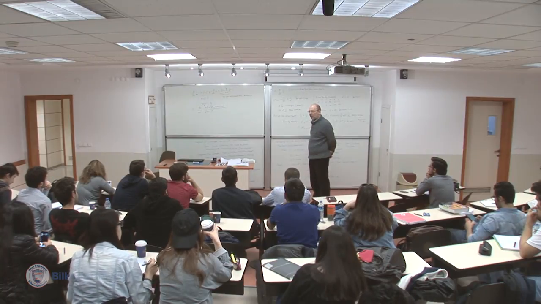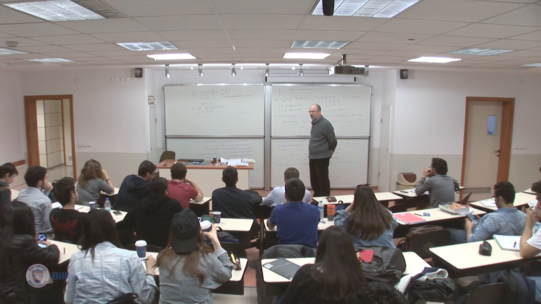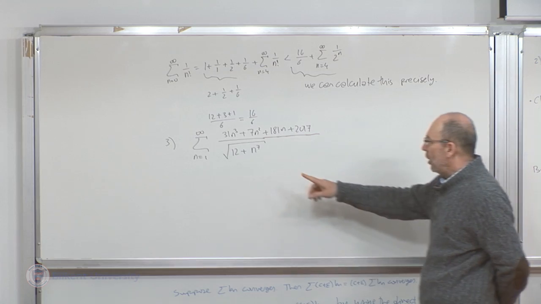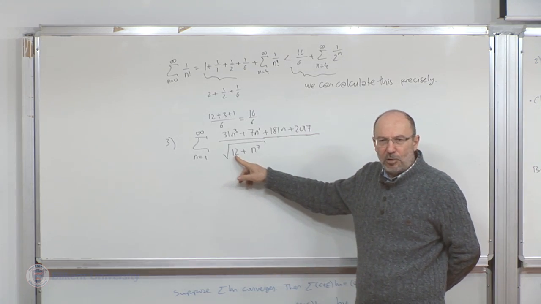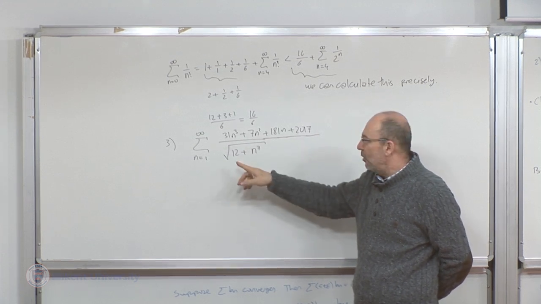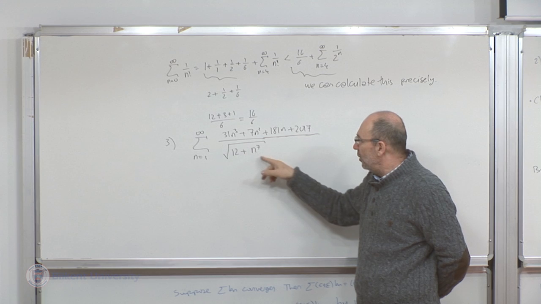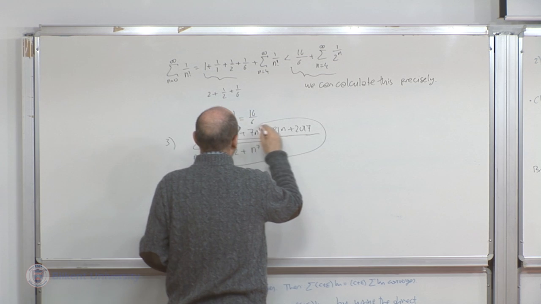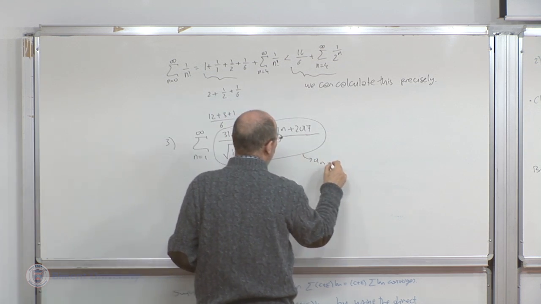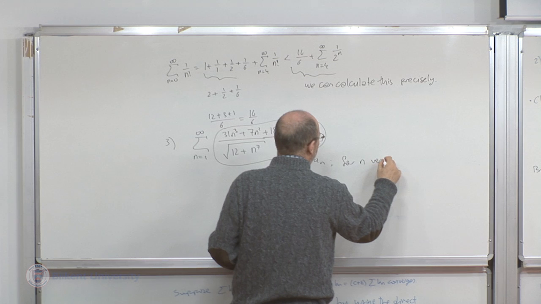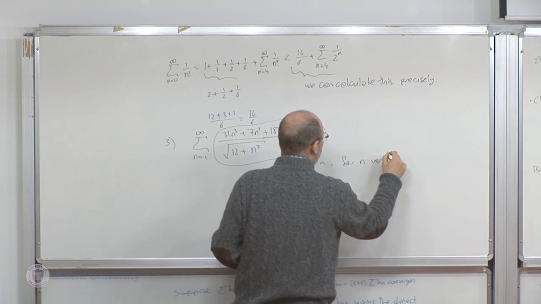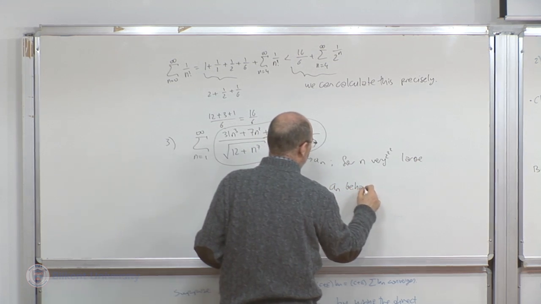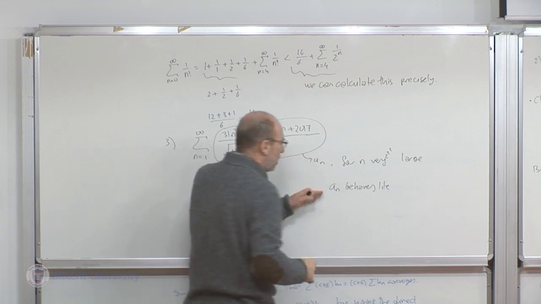So this thing is amenable to the limit comparison test. When n is very, very large, you can drop this. This 12 is just a poor guy on the right-hand side. It doesn't do anything. So let us call this an. For n very, very, very large, an behaves like... So this is not a proof yet.